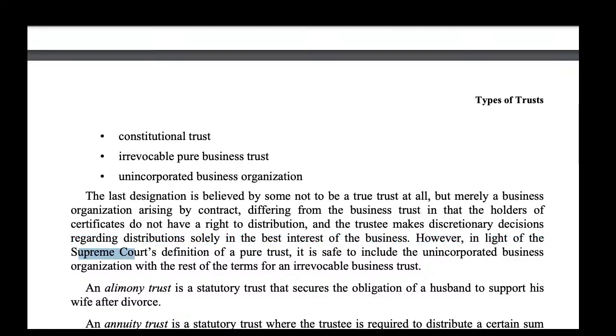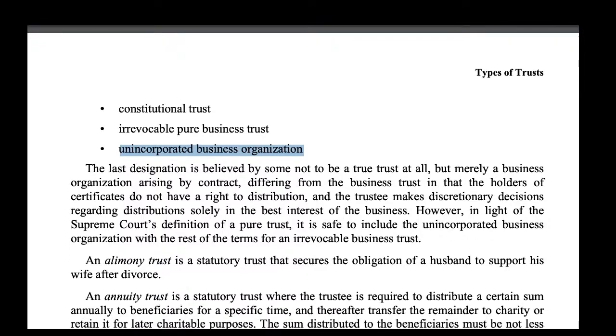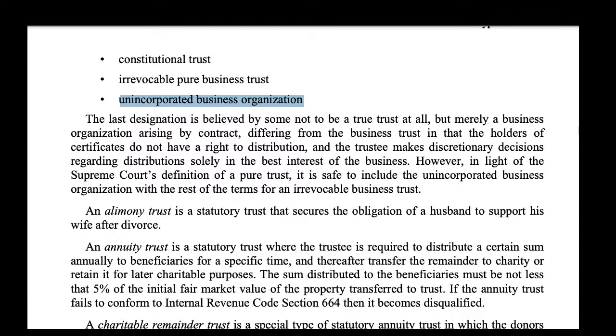However, in the light of the Supreme Court's definition of a pure trust, it's safe to include the unincorporated business organization with the rest of the terms for an irrevocable business trust. And we went over the details of that in the previous stream, because if it's structured properly and it can't be construed into that realm of having that type of interest that would void it being a pure trust, then you don't have that so much to worry about, it would seem.